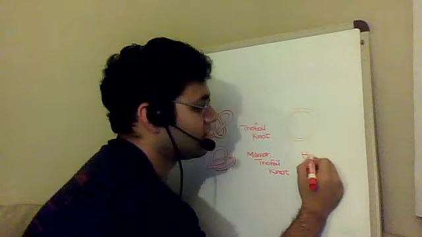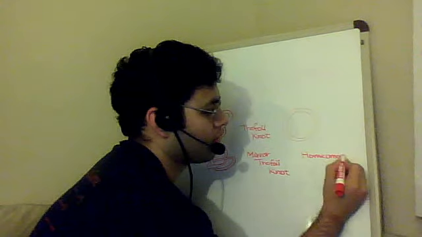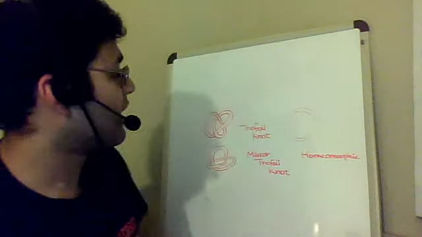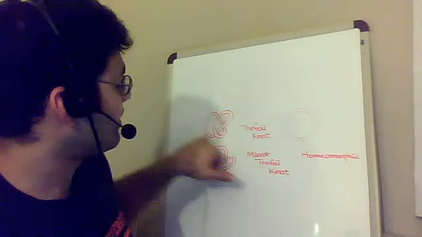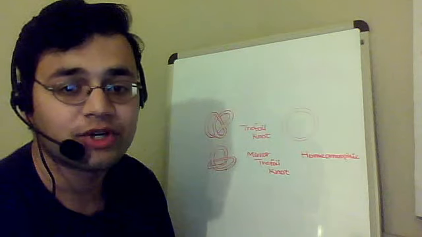All of these are said to be homeomorphic in topology. By homeomorphic, we mean that these are essentially the same object in some sense, in terms of their shape.